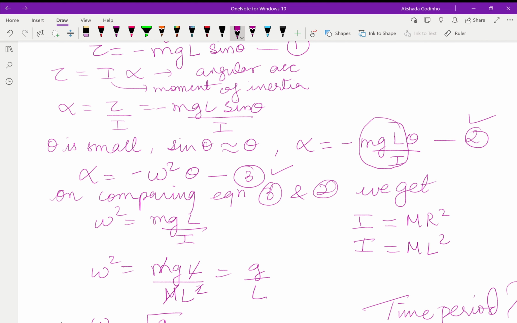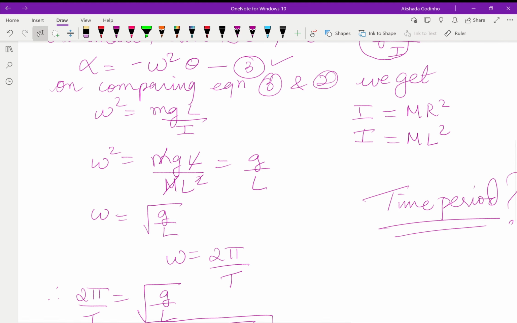Now, some students may also solve it differently. From here I can also solve it by putting this under the root sign. Pay attention. I can write this like this, and I can directly write this as 2 pi by T and then solve it further.